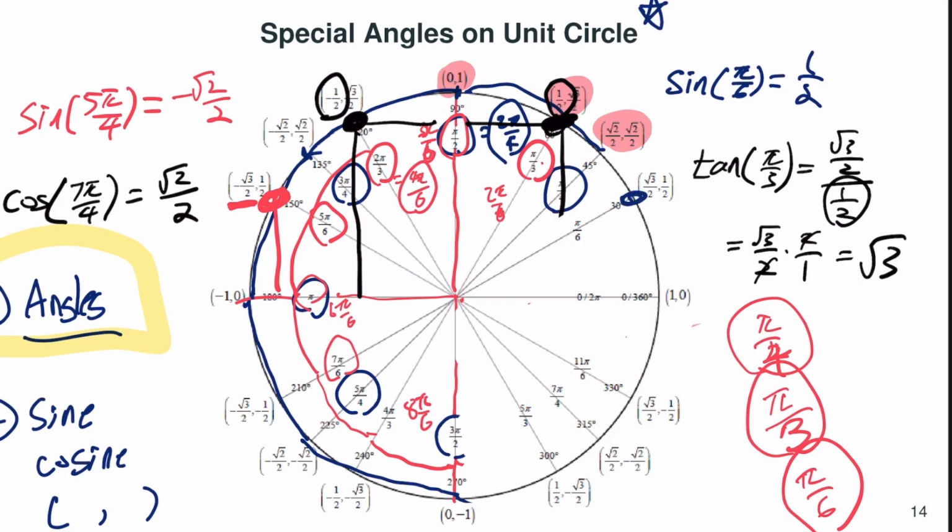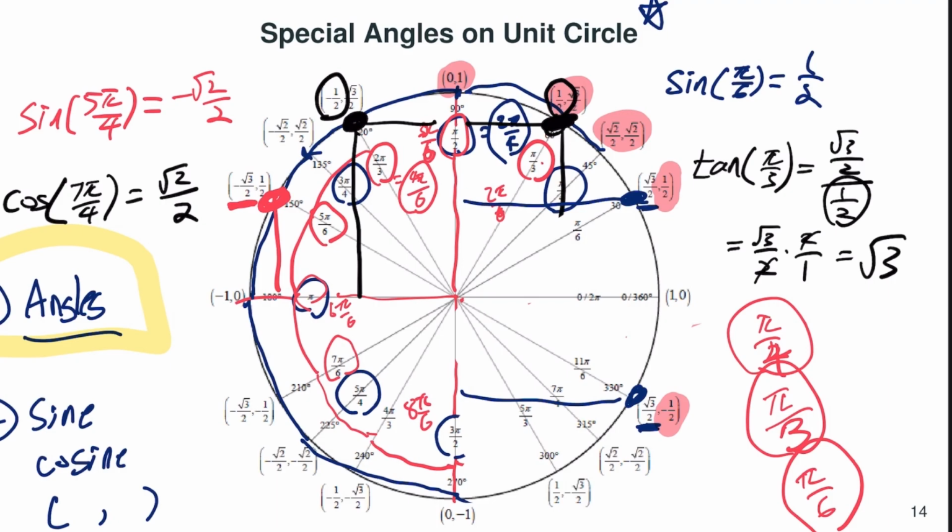Look at this blue point and this one. They have the same horizontal distance. That's why both of them are positive square root 3 over 2. But the y value is different. One's positive half, one's negative half. So you follow this pattern to fill in all the values.